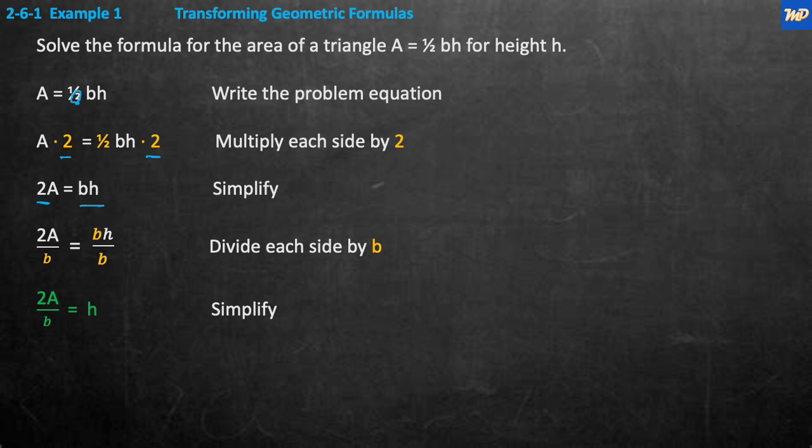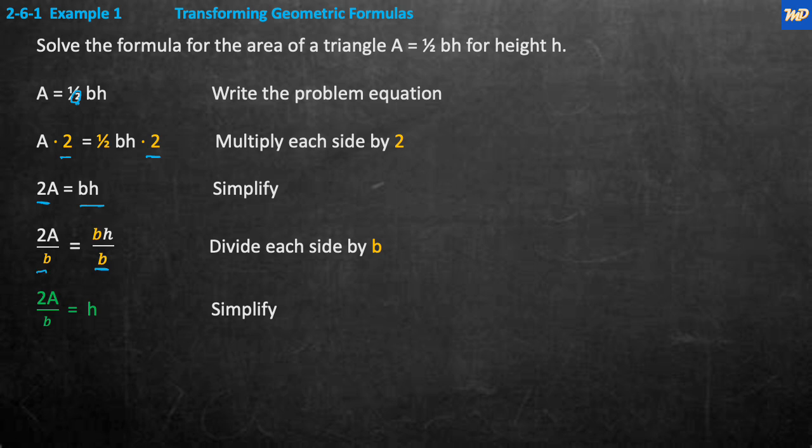Now we have to get the h alone. So we're going to move the b. We're going to divide both sides by b so we can get the h alone on one side. We divide bh by b, and we divide 2A by b.